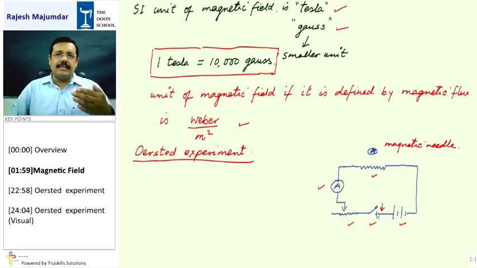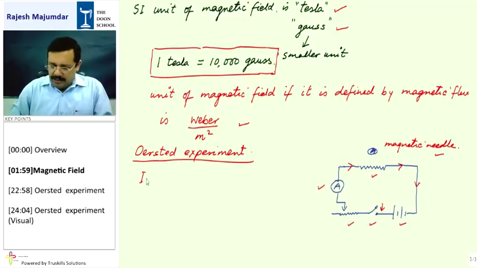He kept repeating this, and he found that whenever current is flowing through the resistance or through this circuit, there is a generation of magnetic field around the wire, which was detected by the magnetic needle. So this was a very important experiment.